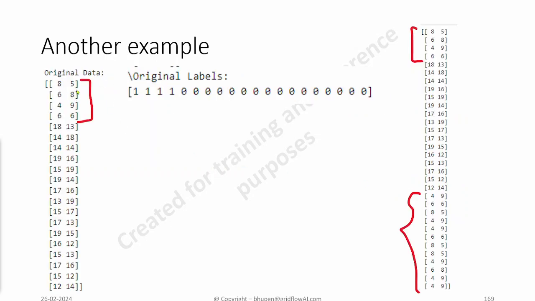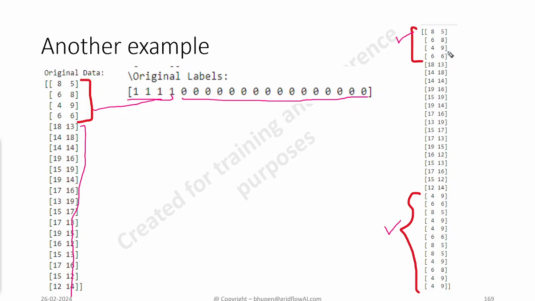Another example is here. Here you can see this particular data belongs to the class of 1 and there is class 0 data. Then you can replicate for the class of 1 in such a way that the number of samples are the same.